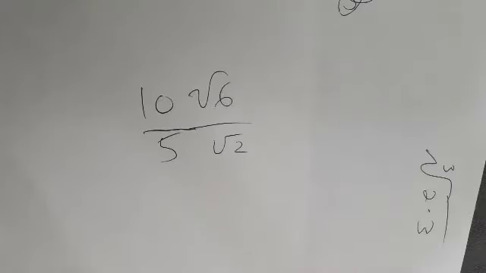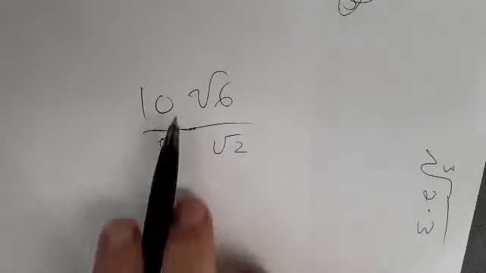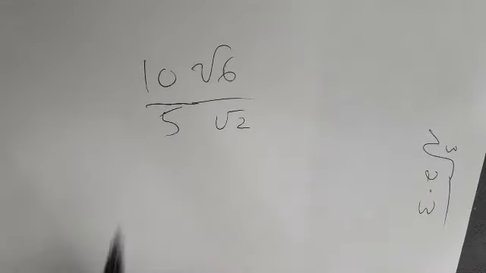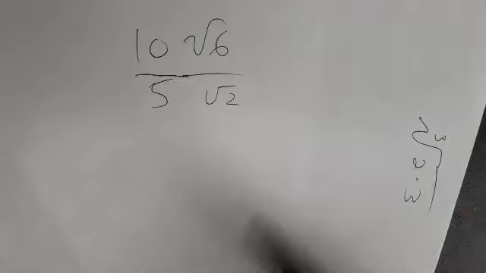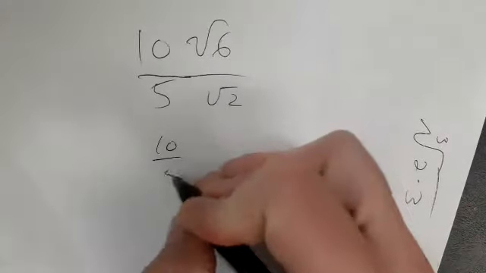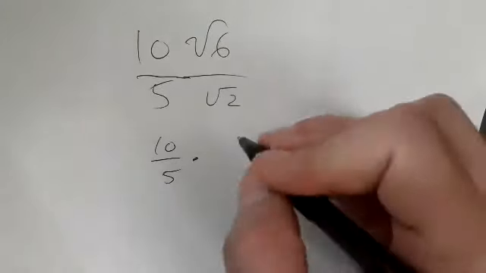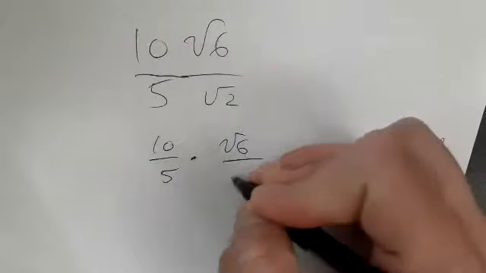If we had 10 square root of 6 over 5 square root of 2, what we want to do is divide things that are under a radical with things that are under a radical. We want to divide things that are not under a radical with things that are not under a radical. We want to keep those things separate when we do multiplication and division. And so when we do this, we can separate these things with the rule of multiplying fractions that we sort of know.